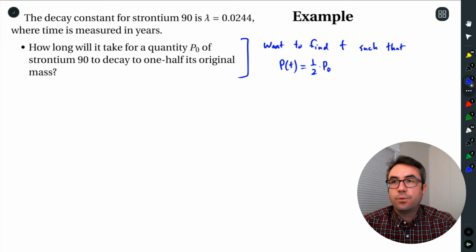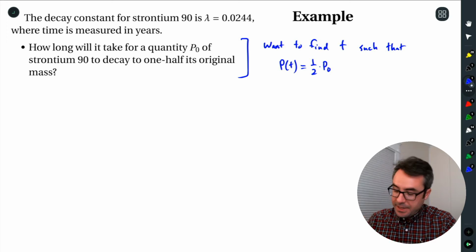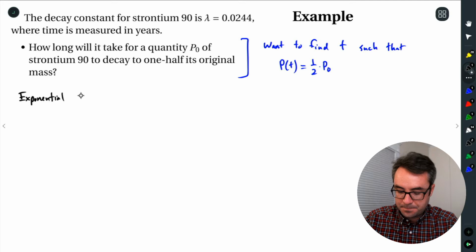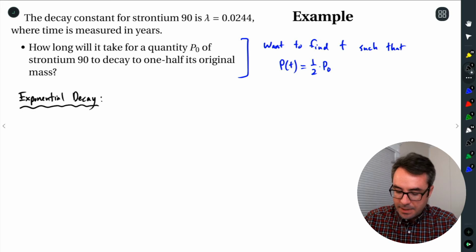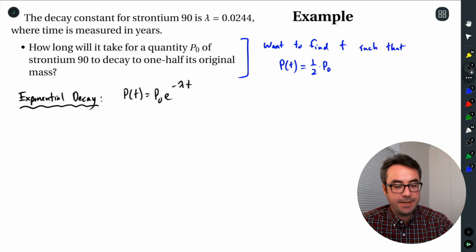All right, so we know that this is a radioactive element undergoing radioactive decay. So let's write down our exponential decay formula. And that is P of T is equal to P0 e raised to the negative lambda times T. And we know what lambda is.